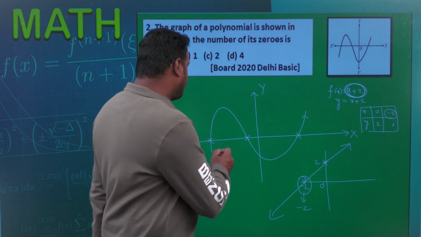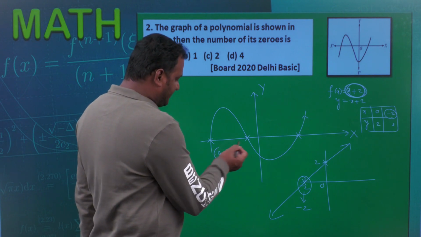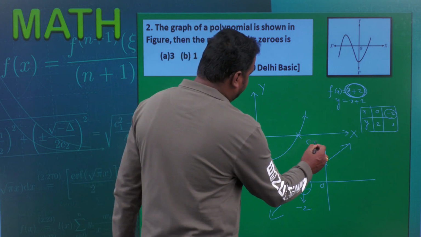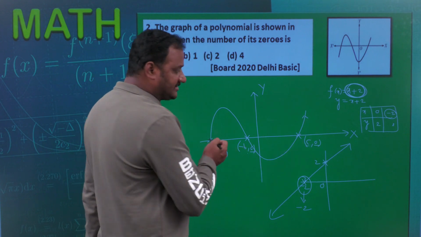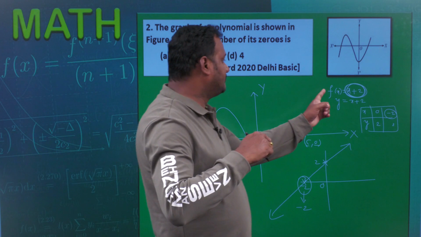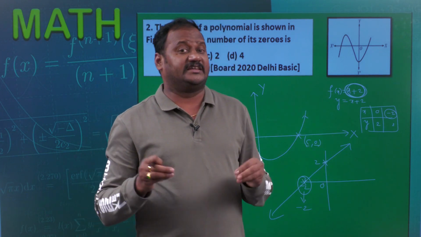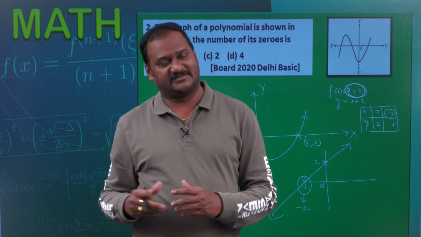Because here, if you take one point here, this is some a comma 0, this is minus b comma 0 and this is some c comma 0, where the y value is always 0, you see, for different values of x. So, those different values of x are said to be zeros because the value of y will be 0. So, that is why we consider only the points where the curve intersects the x-axis as zeros of the polynomial.